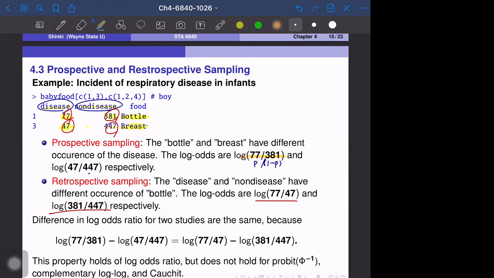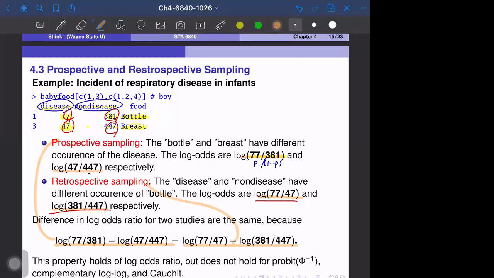So this quantity minus this quantity is the same as the prospective study's quantity minus quantity. So log of 77 minus log of 381 minus log of 47 plus log of 447. If you expand the second term, it's the same.